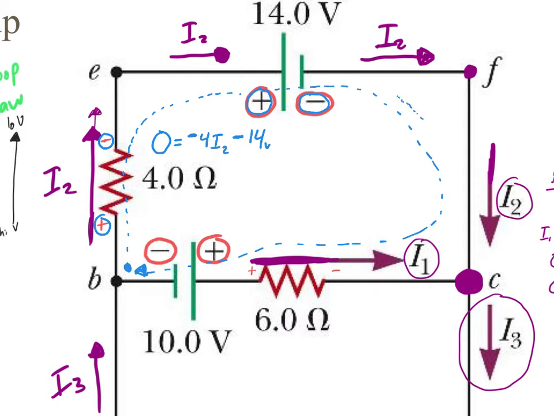No voltage drop across the wire. And we continue on all the way to I1 and 6, where we have a low side to a high side. That's going to be an increase in voltage. Using Ohm's law, that voltage is 6 ohms multiplied by I1. And lastly, we're going across the battery from the high side to the low side, which is a drop of 10 volts.